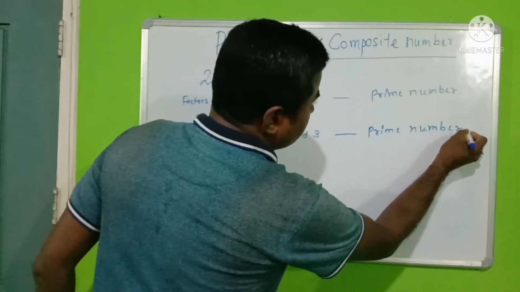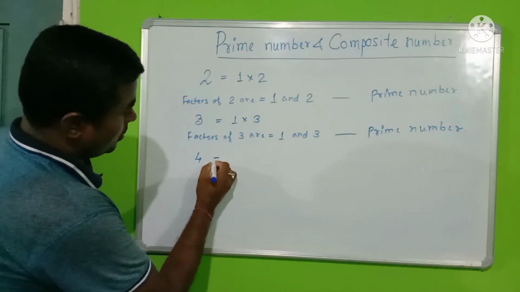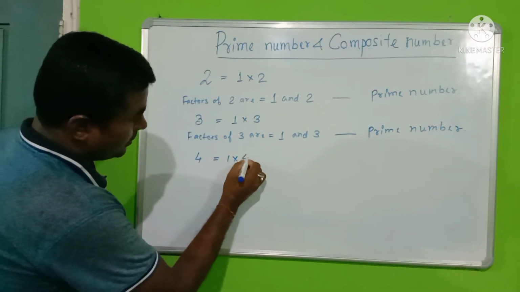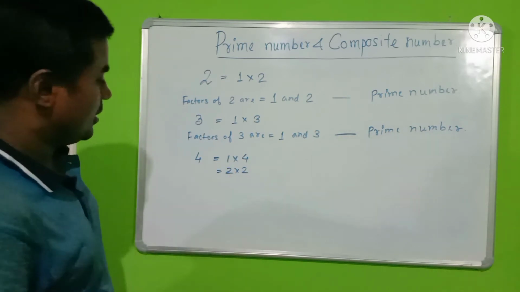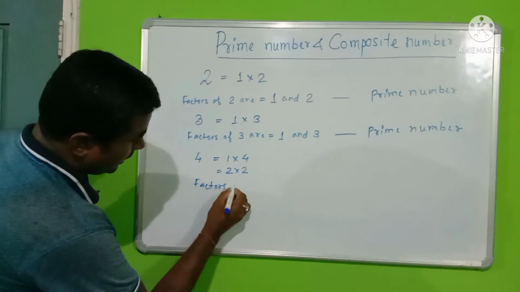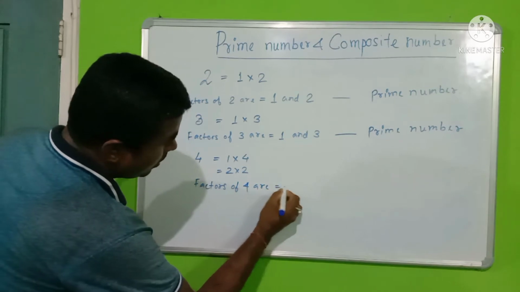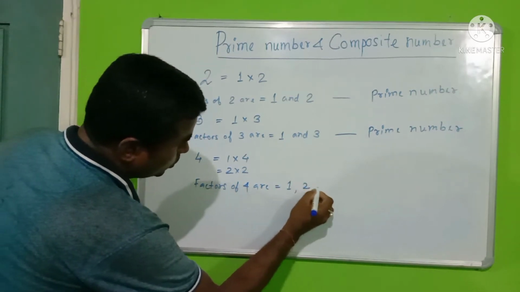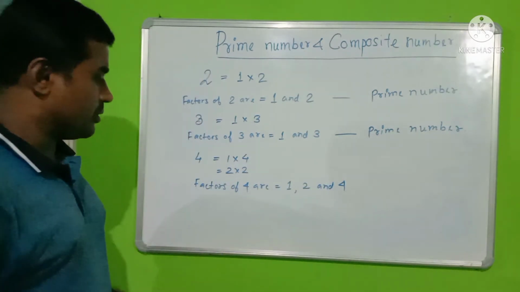Next, move to 4. 4 can be written as 1 into 4, 2 into 2. So factors of 4 are 1, 2 and 4. This time you observe.